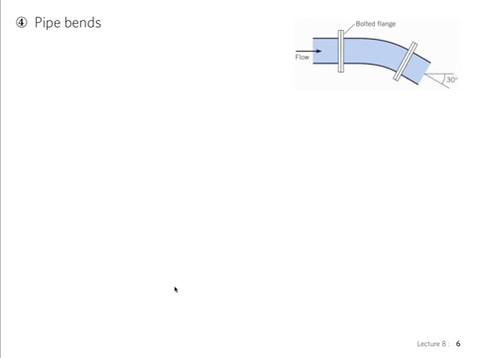So the tips for this situation are to assume constant velocity across the pipe, which, like Nathan said before, we just assume to simplify our life and use an average velocity.